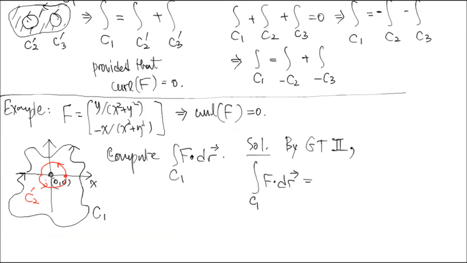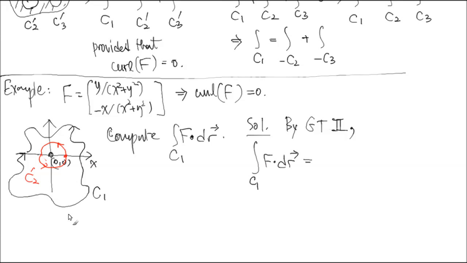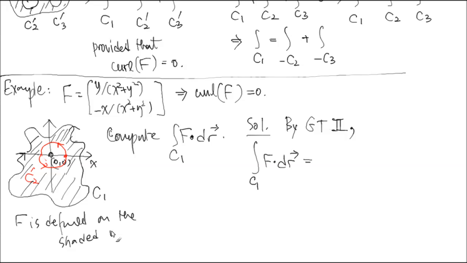So let's see. I have this crazy loop around, and inside there's a loop. Do you think this function F is defined everywhere in between those two curves? F is defined on the shaded region. Is that correct? So that Green's theorem part 2 applies.